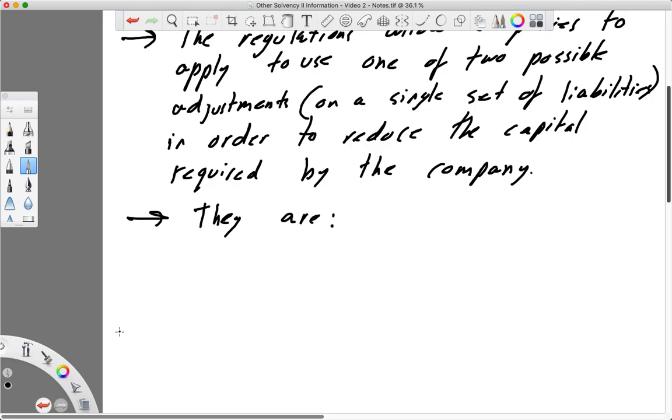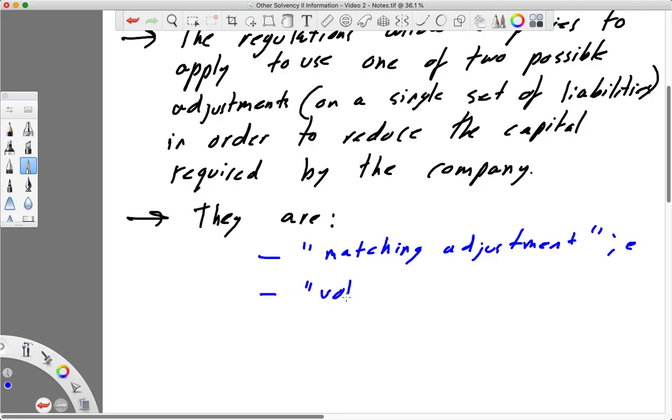They are the matching adjustment and volatility adjustment.